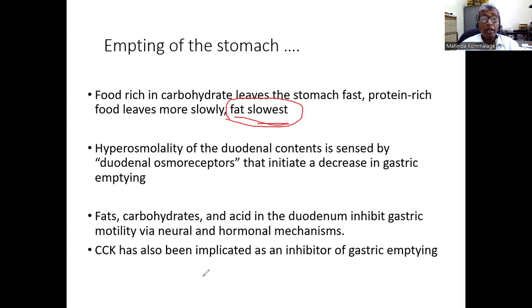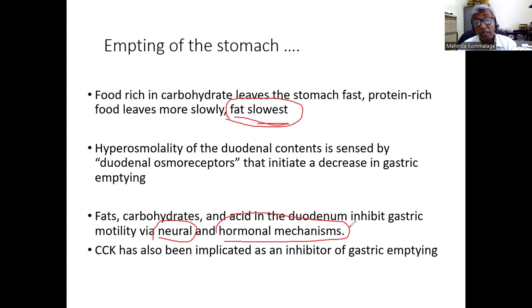And for this regulatory action, there is neural mediated regulation and hormone mediated regulation. I already explained the gastric inhibitory peptide, somatostatin, and those hormones are important to control the inhibition of the stomach, right?